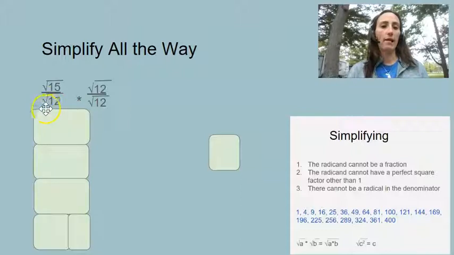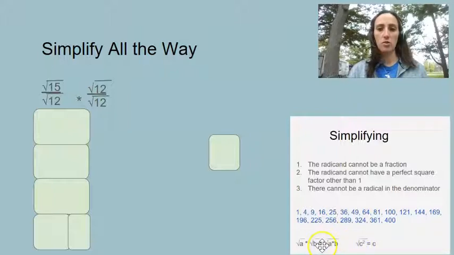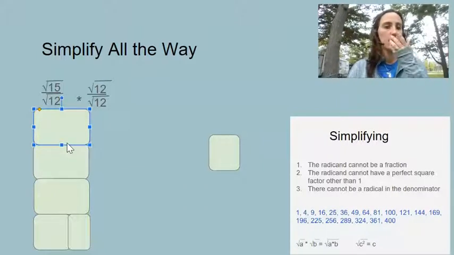So when you have a radical in the bottom, we want to multiply by whatever is in the denominator. So I have square root 12 over square root 12. The nice thing about this is now on the bottom, when I do square root 12 times square root 12, I can just do the square root of 12 times 12, which essentially cancels out the square root on the bottom.